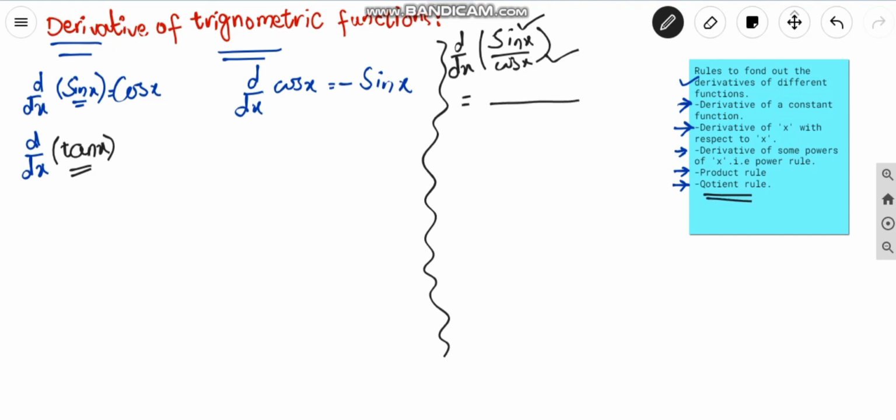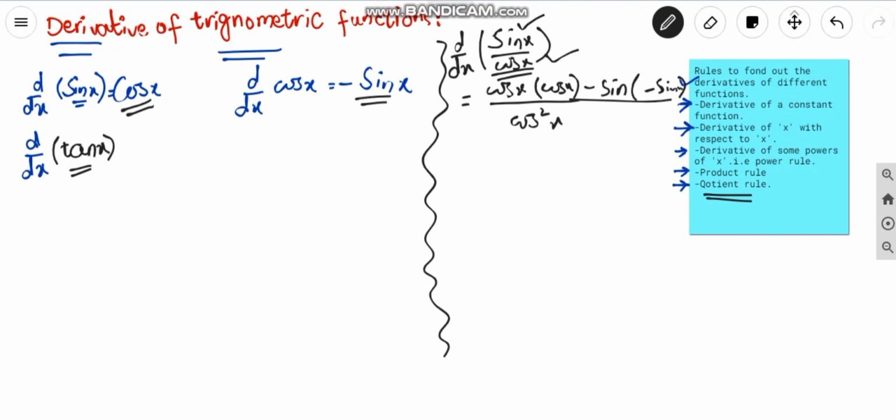What is the quotient rule? Take the second function as it is and multiply by the derivative of the first function, and the derivative of the first function is cos x. So put cos x, minus, the first function as it is times the derivative of the second function, and the derivative of the second function is minus sine x.